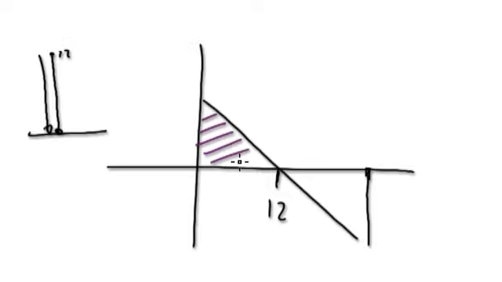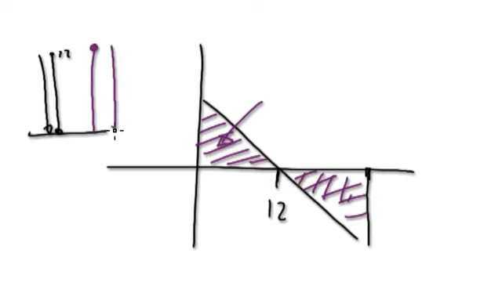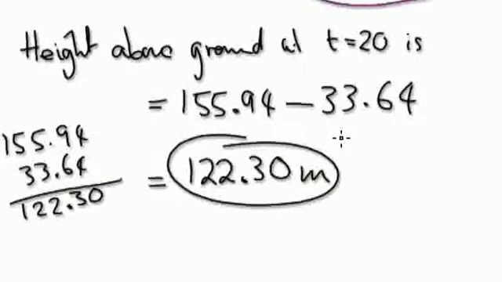This area here represents the distance to go up to its maximum height, and this area represents the distance to go down, but these two areas will be the same. So if it takes 12 seconds to get here, then this would be 24 seconds at this point here. But anyway, the answer to this question is given by this.